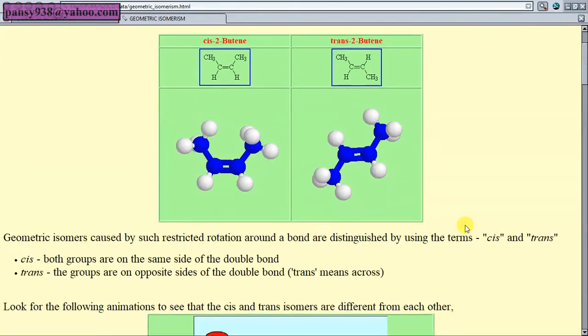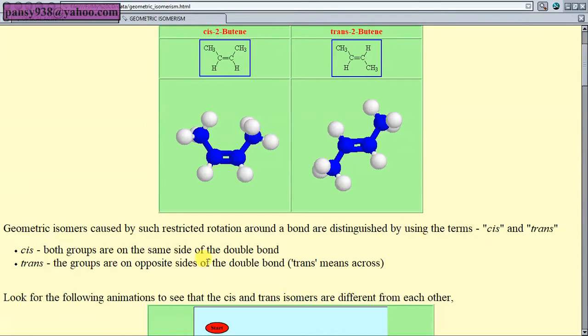Remember that geometric isomers are caused by restricted rotation around a bond. The double bond present in this case restricts the movement of the molecule, and it is quite different from conformational isomerism, where the single bond, which is the sigma bond, freely rotates to give you various forms of the molecule.